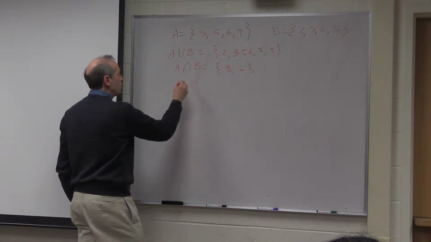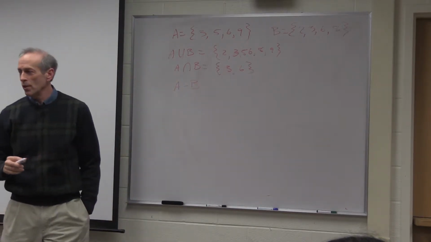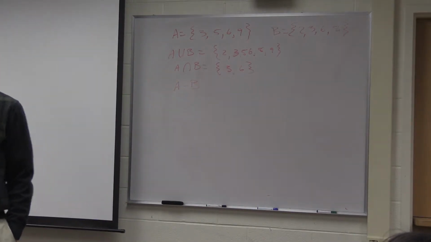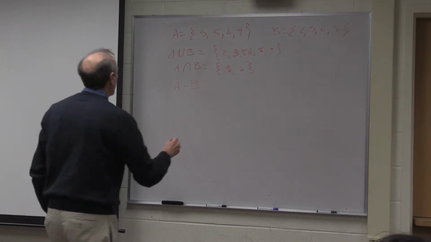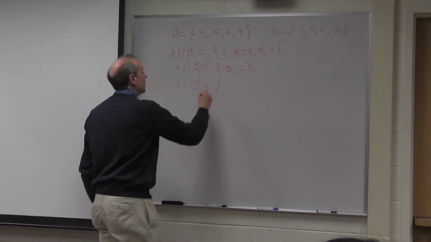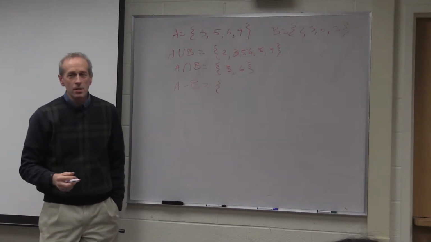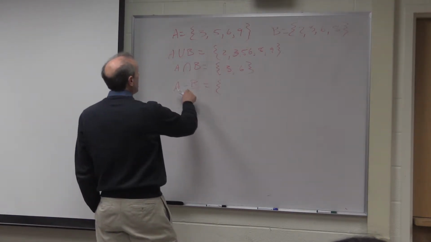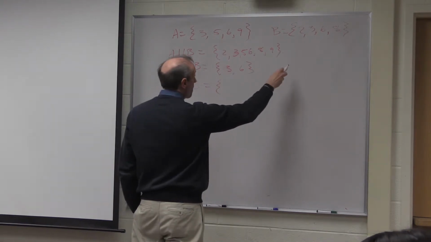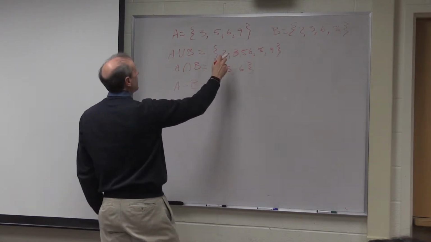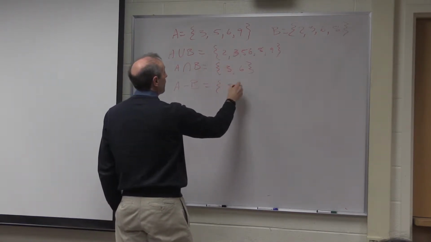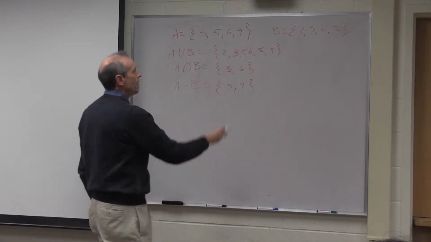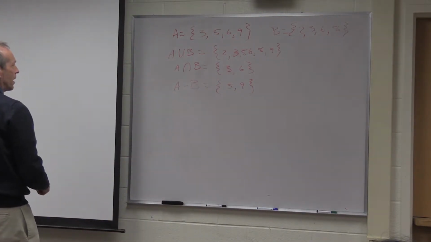And I would like you to implement set difference. This is for those who like to get code off the internet. In the case of A minus B, you would end up with 5 and 9, because you basically subtract out the 3 and the 6.